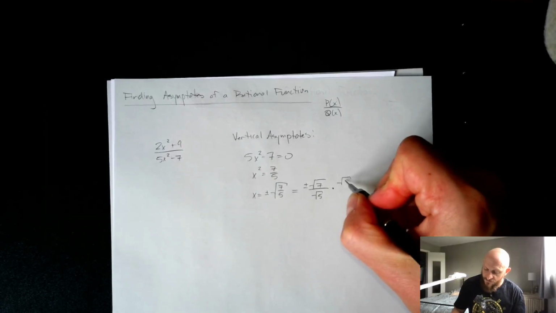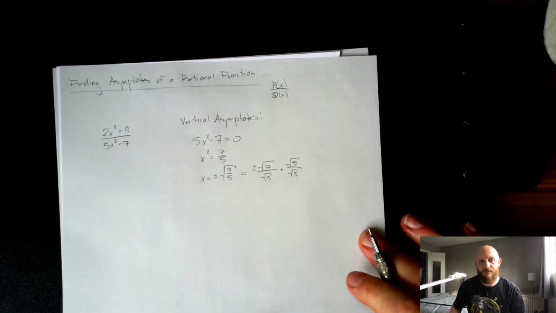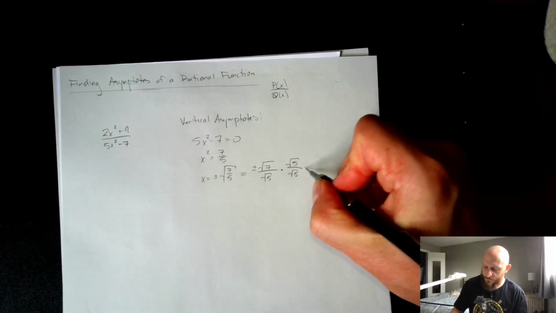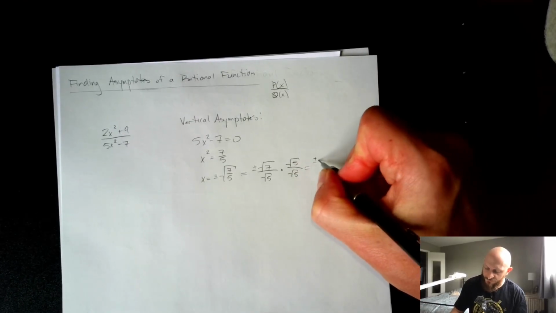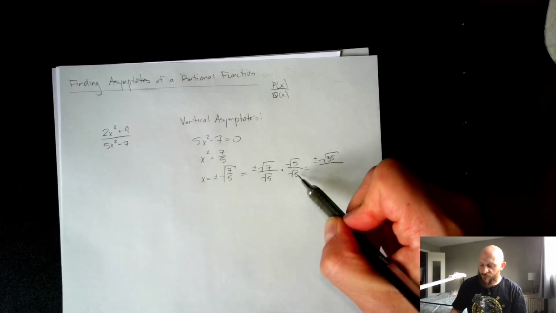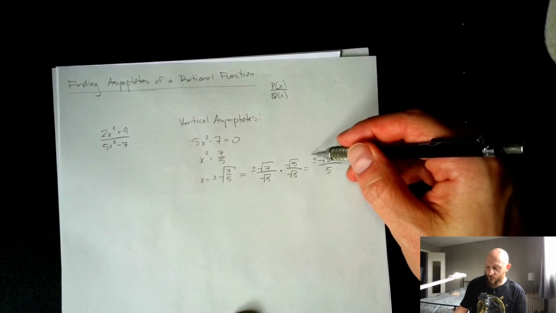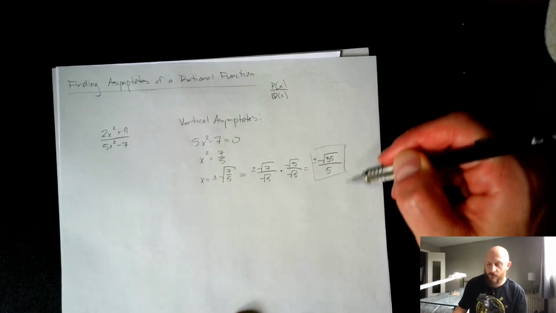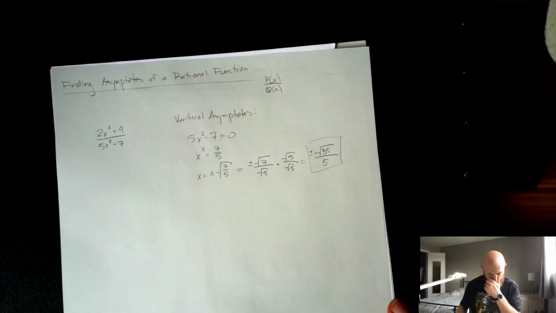How do I rationalize it? Well, with square roots, it pretty much just amounts to multiplying top and bottom by the root, so root 5 over root 5. You just multiply through. Root 7 times root 5 is the square root of 35. Square root of 5 times square root of 5 becomes 5. So the vertical asymptotes are at x equals plus or minus square root of 35 over 5. Those are the vertical asymptotes of this rational function.